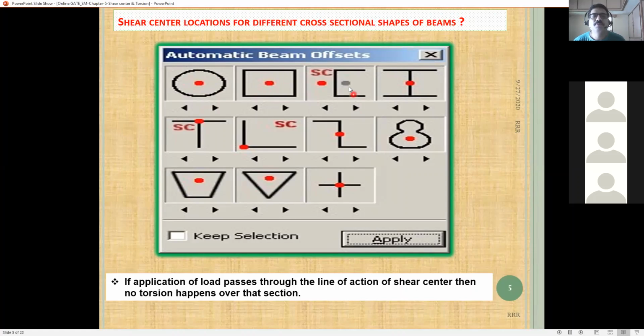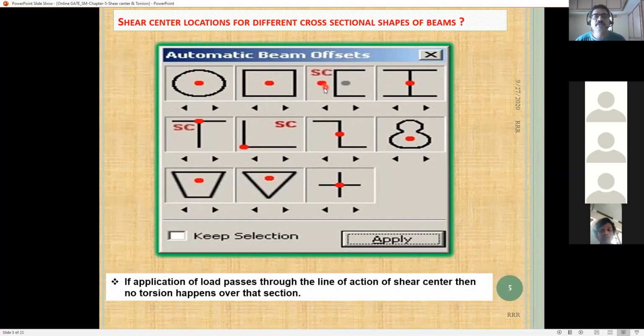But if you see the C channel section, the centroid is here, but the shear center is here, because if we cut the section vertically, it is not symmetrical. C is unsymmetrical about the vertical axis. If you draw a line here, it may not divide the section into two equal parts. That we call unsymmetric, right?